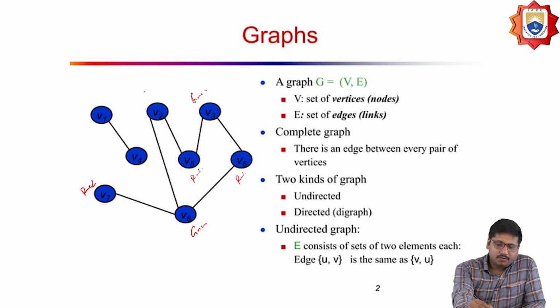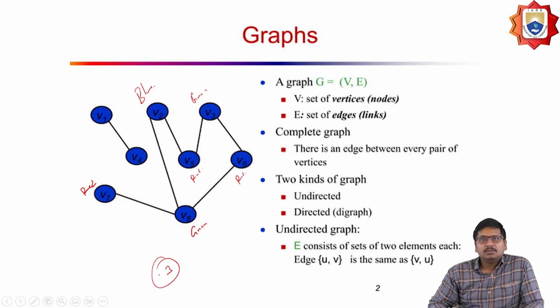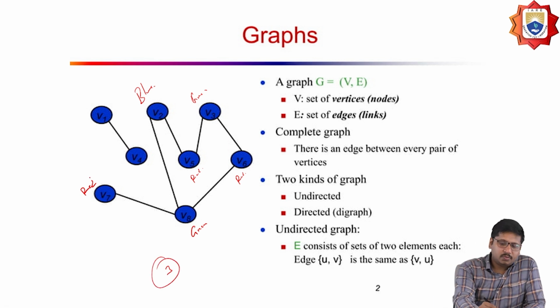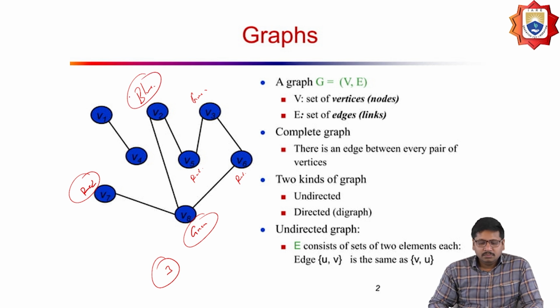If I assign green in this case, this vertex and this vertex would coincide, so I assign blue here. So the chromatic number of the graph is 3. Three colors are needed: red, green and blue.